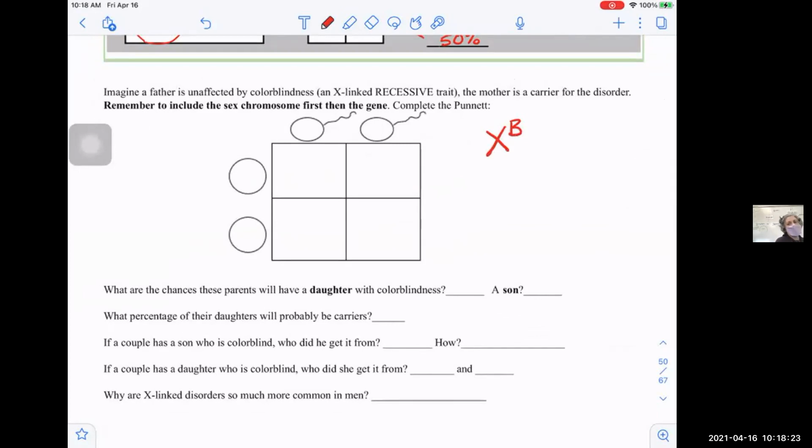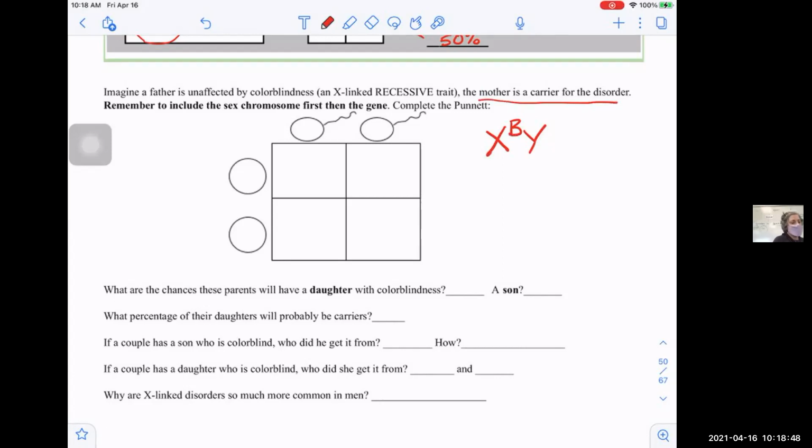And then what's his other letter? He has to have a Y, right? And again, the Y does not get a superscript because these genes do not lie on the Y chromosome. The Y has no X-linked traits. So you don't ever put a superscript on a Y. All right, and then mom is a carrier for color blindness.